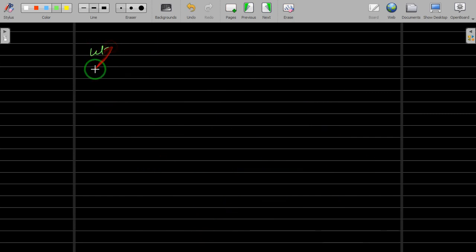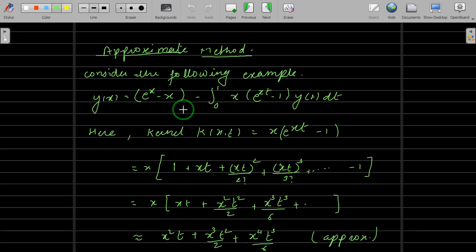Now in this case you take your kernel with only 3 terms. So let K of x,t be this kernel: x squared t plus x cubed t squared by 2 plus x raised to 4 t cubed by 6. This is approximate.